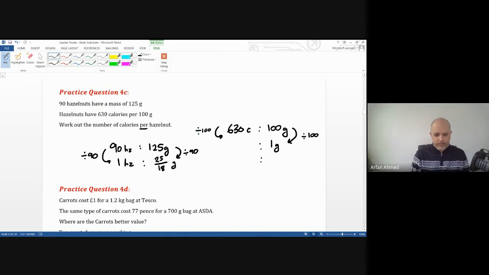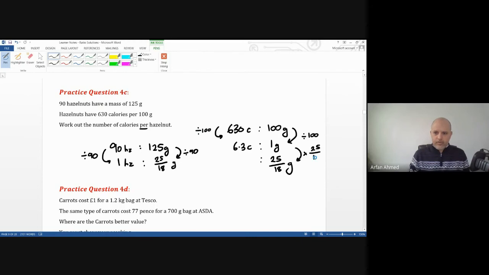So it's 630 divided by 100. 6.3 calories per gram. We want it for 25 over 18 grams. So you're going to have to times it by that much.